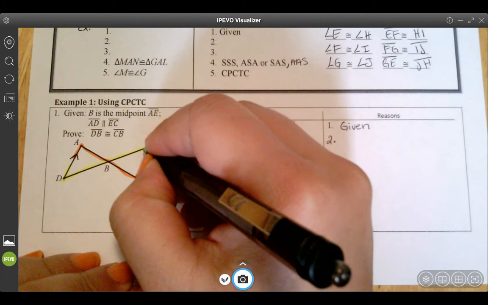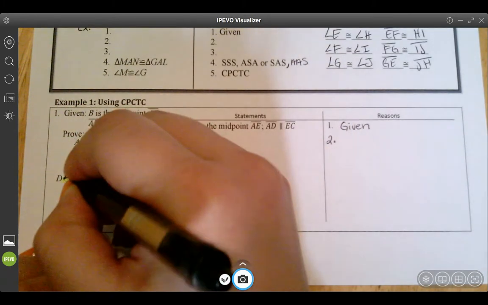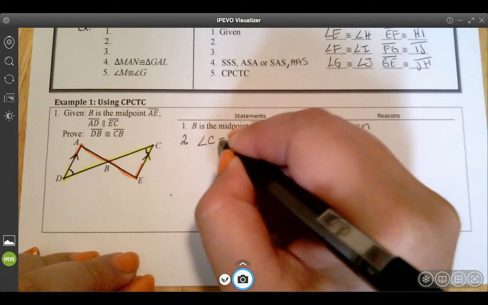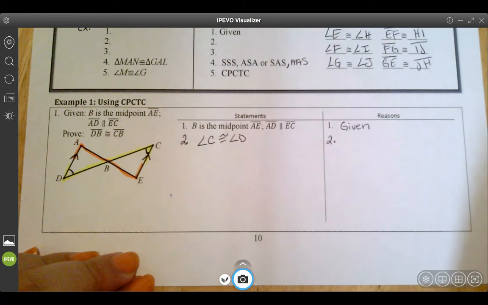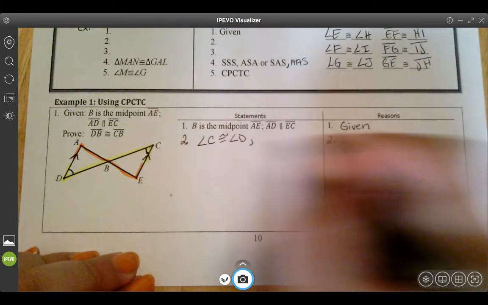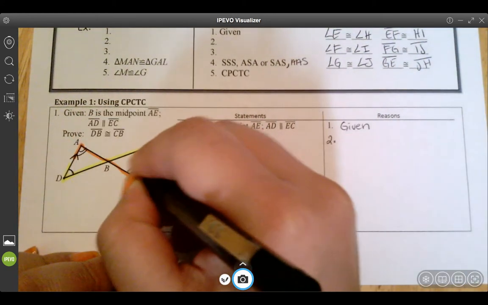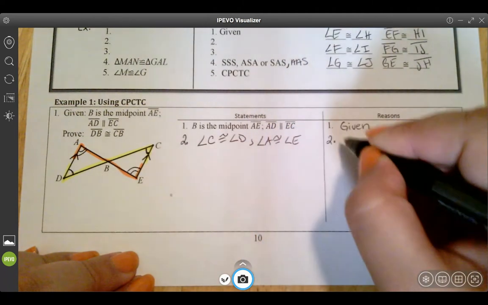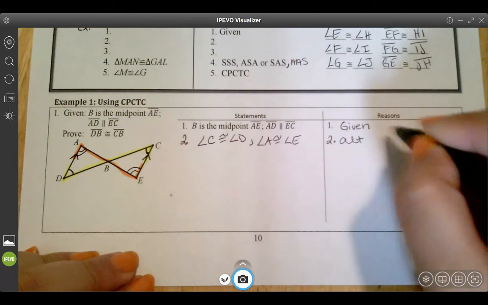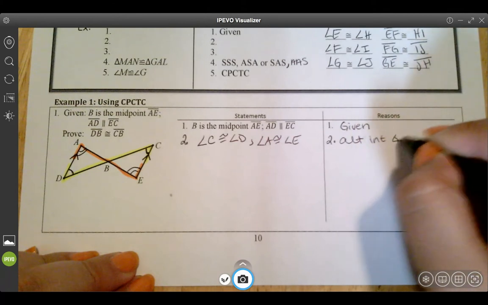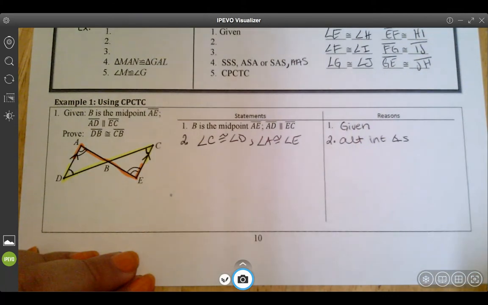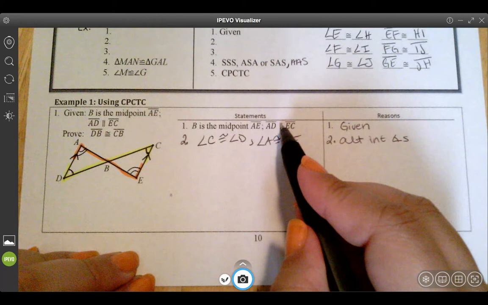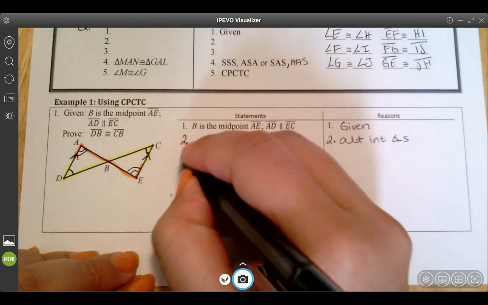And so we can say the yellow angles, angle C is congruent to angle D, and also the orange angles, angle A is congruent to angle E, and that is by alternate interior angles. Okay, so we use the parallel lines. What about the midpoint?